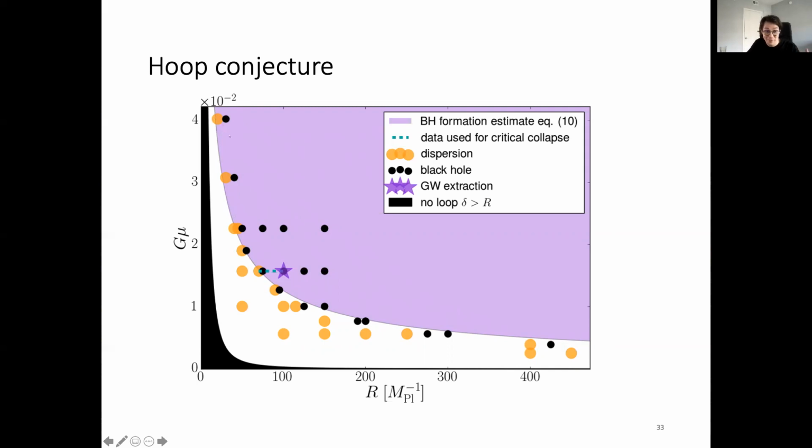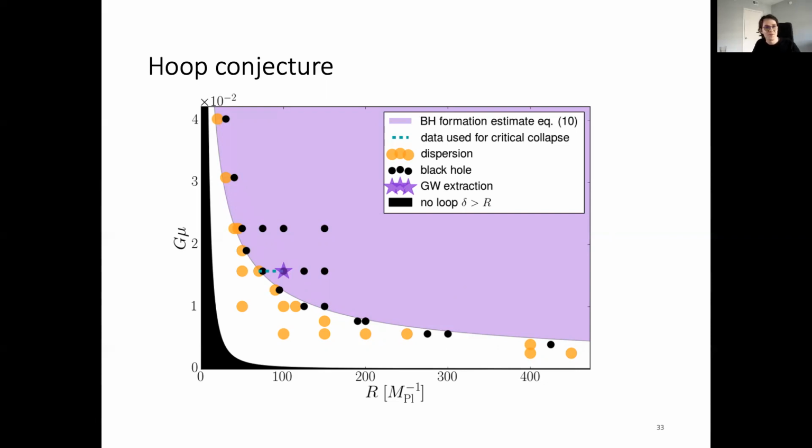And of course, the black points are the points where we form black holes for these specific parameters of the simulation. And so you can see this violet region is a very good predictor where you would expect to form black holes.